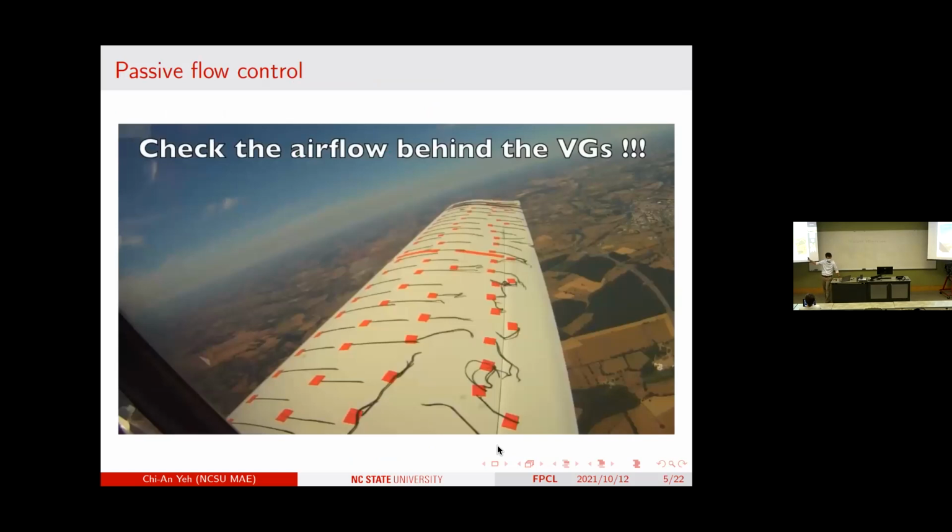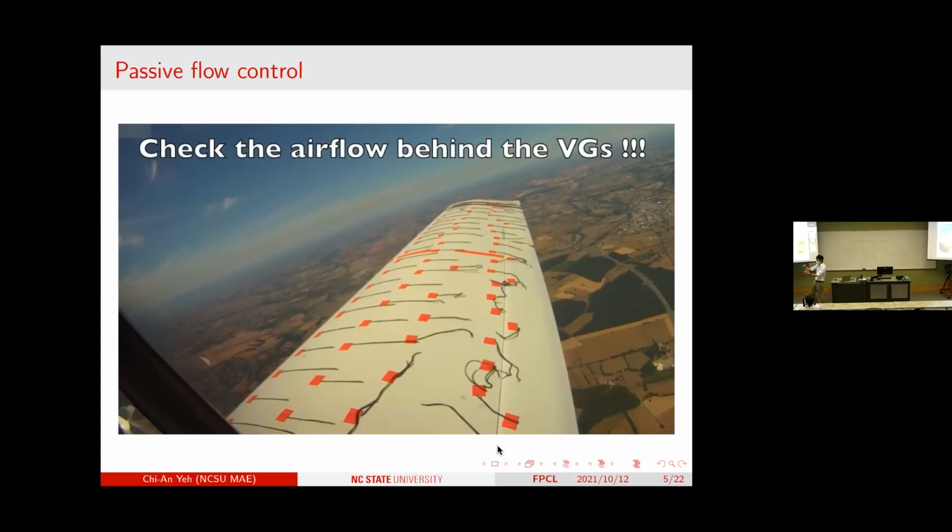This is, again, another YouTube movie, and you've probably seen this before. This guy put a bunch of vortex generators near the unit, all right? And in this particular snapshot, they only have vortex generators on the upper half of the wing. And the lower half of the wing, you just don't have those.